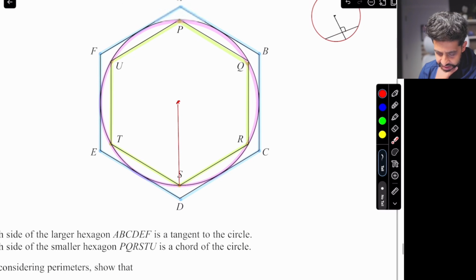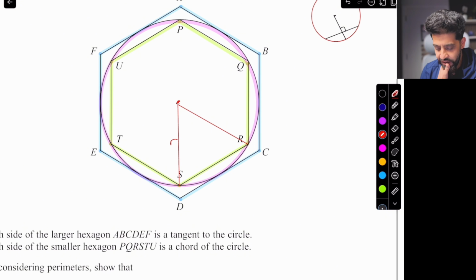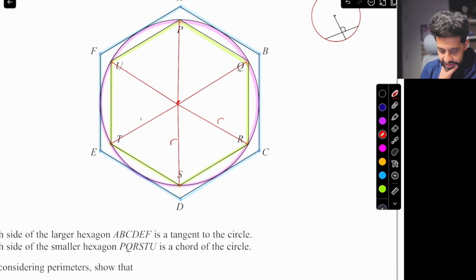That is the radius of my circle, because I'm going from the center to the edge of the circle. So that's R, and that's also R. I could do that throughout the whole shape. Draw the radius of my circle, and it also becomes something to do with my hexagon.